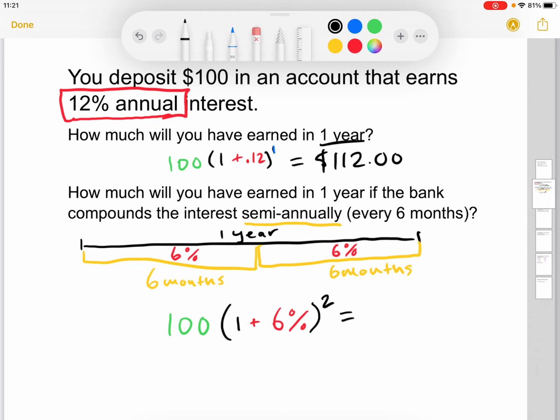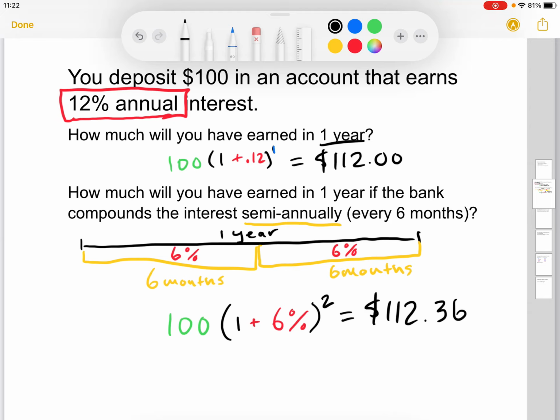This turns out to give us an actual amount of $112.36. So splitting this up into these 2 6-month periods actually earned us a little bit more money.